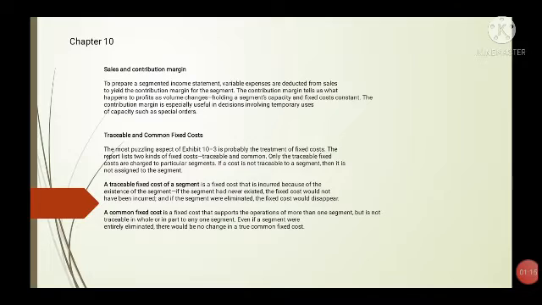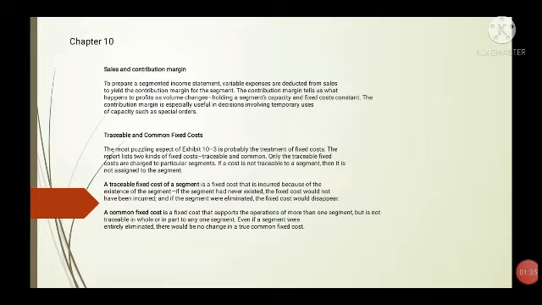A traceable fixed cost of a segment is a fixed cost that is incurred because of the existence of the segment. If the segment had never existed, the fixed cost would not have been incurred. And if the segment were eliminated, the fixed cost would disappear.